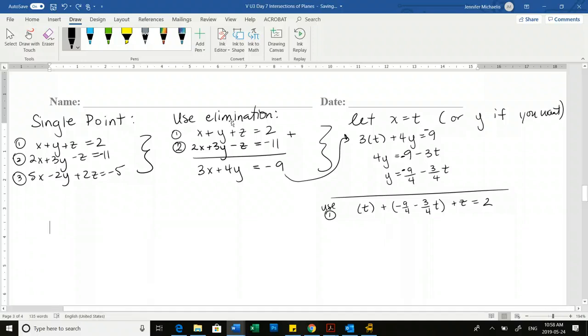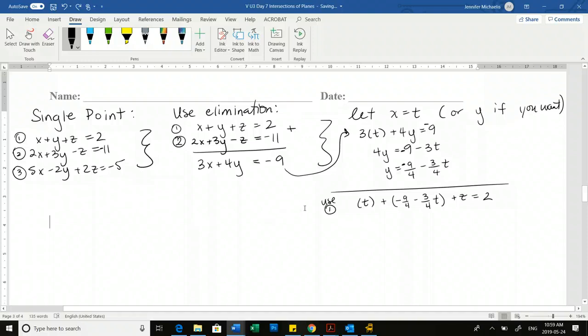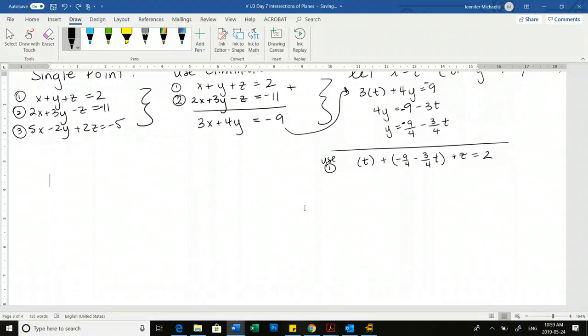What I'm actually doing here, using these two lines and solving with elimination, is finding the line of intersection from our first two equations. Okay? Let's find a common denominator here.